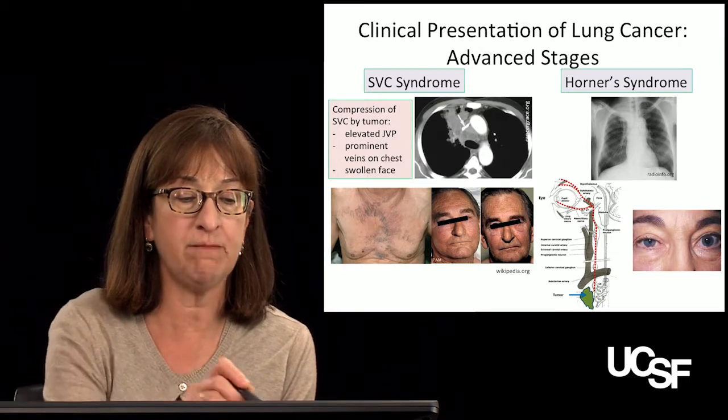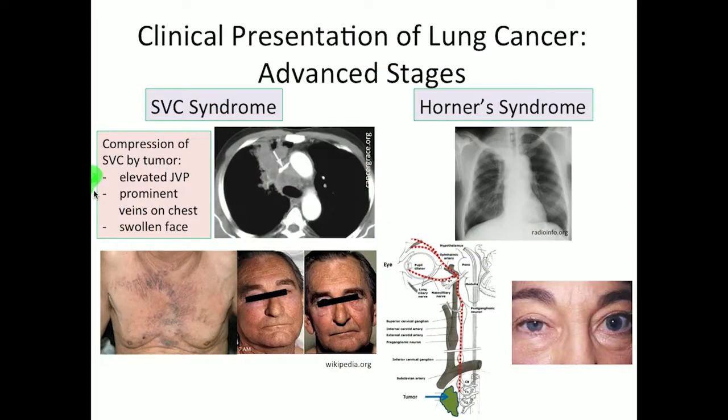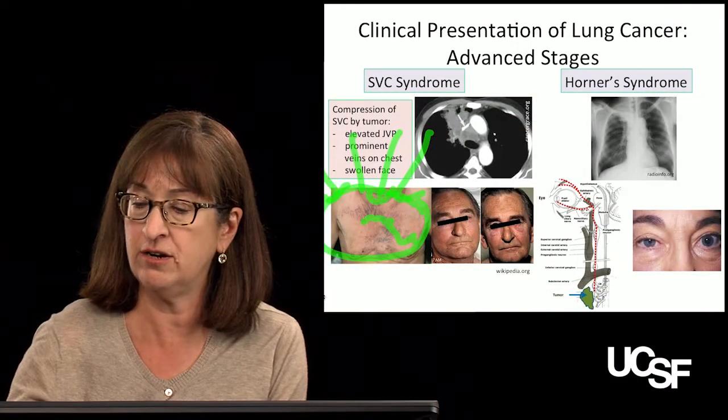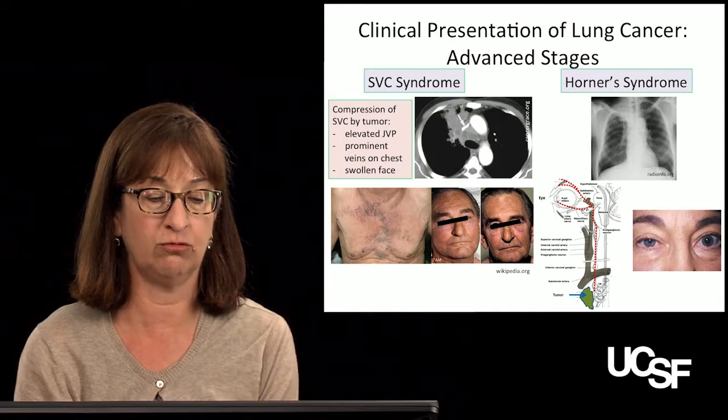So what you'll see in patients is elevated jugular venous pressure because the jugular veins drain into that SVC. You'll see prominent veins on the chest because blood has got to drain down from the upper extremities, the face and the neck, but it can't get through the SVC, so it dilates these superficial veins to hope to find another way to get back to the right atrium.